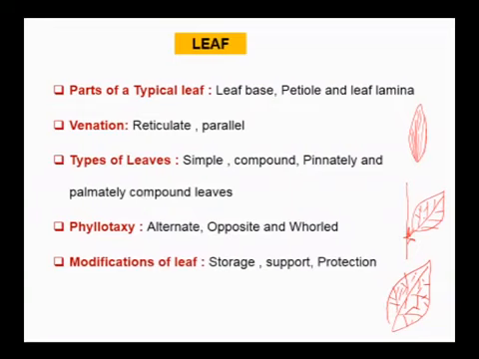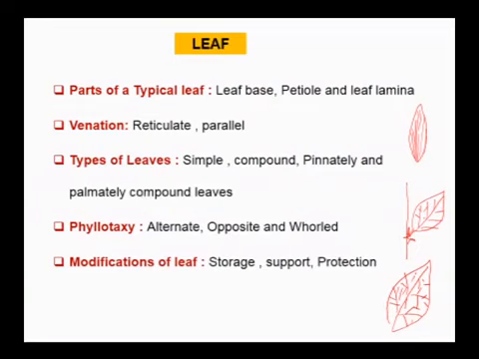Come to the types of leaves. The leaf having a single lamina is usually termed as simple. The leaf in which the lamina gets dissected into leaflets or pinnae is called a compound leaf.